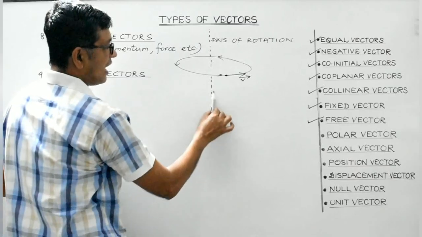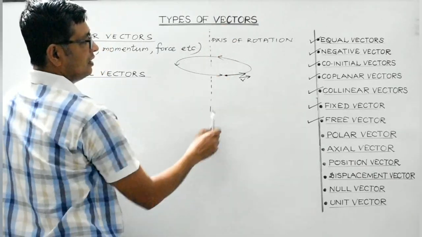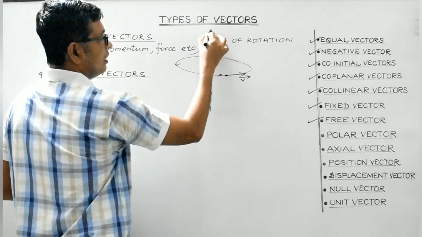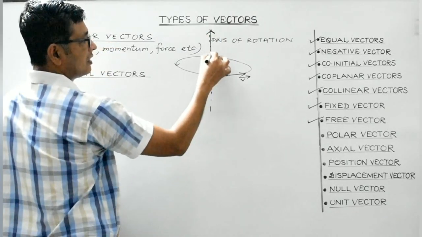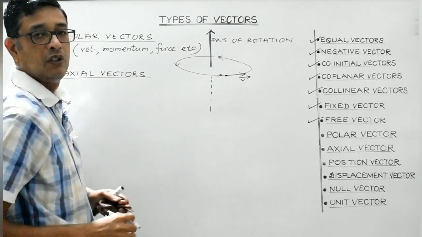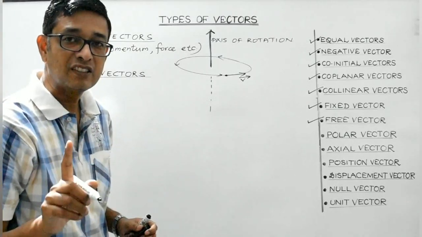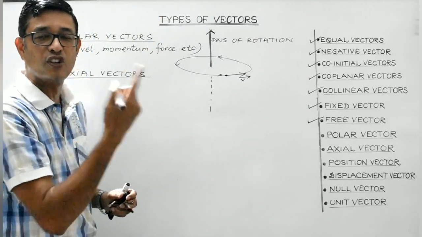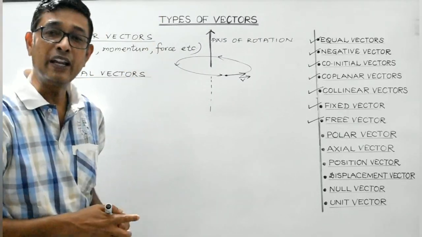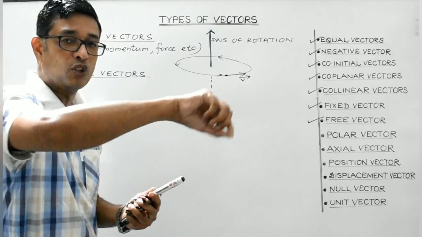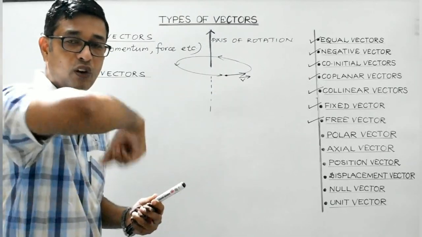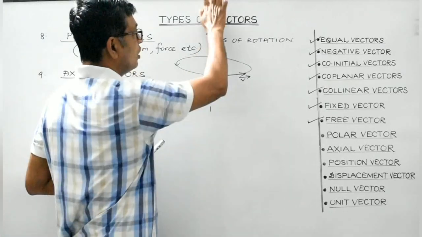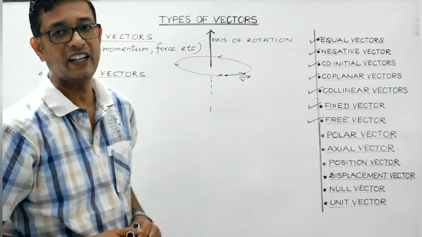So axial vectors act along this axis. So these are the direction of the axial vectors. So axial vectors are those vectors which always act along the axis of rotation of a body. Depending on whether the body is rotating about the axis in the anti-clockwise or clockwise direction, the direction of the axial vector along the axis will be either upward or in the downward direction.